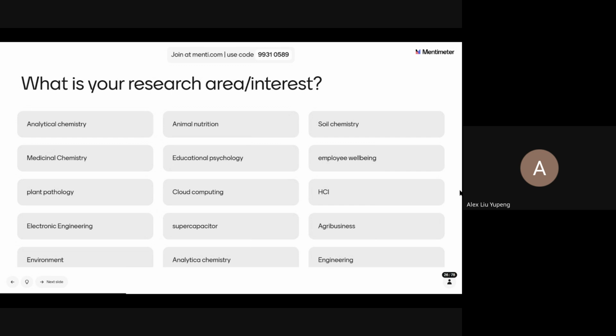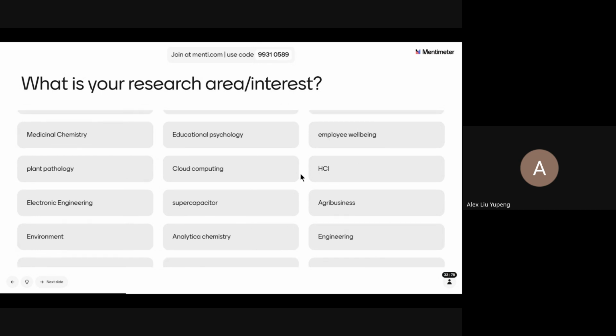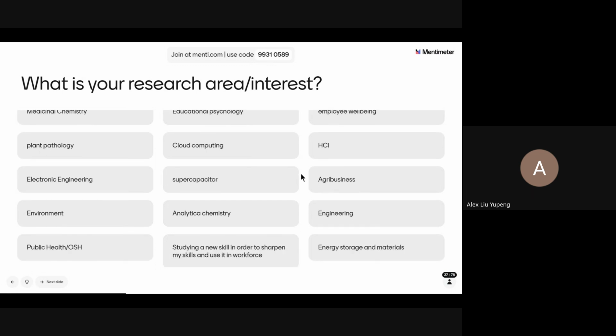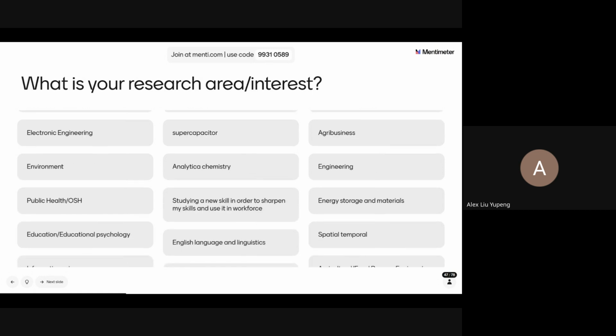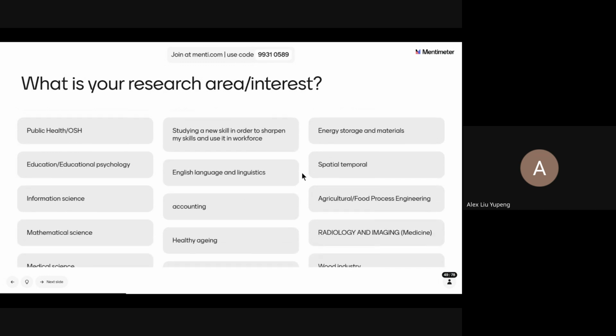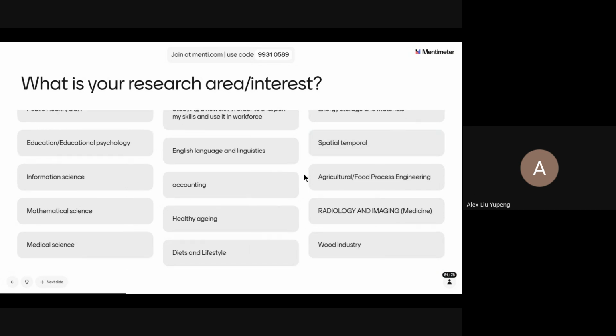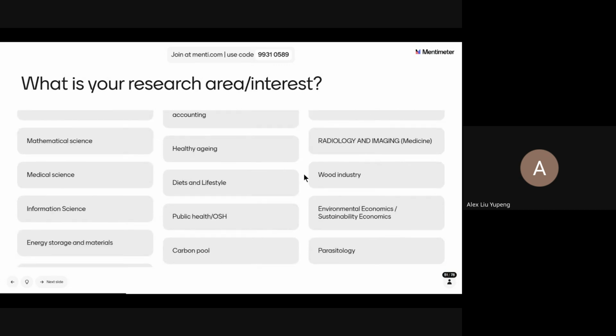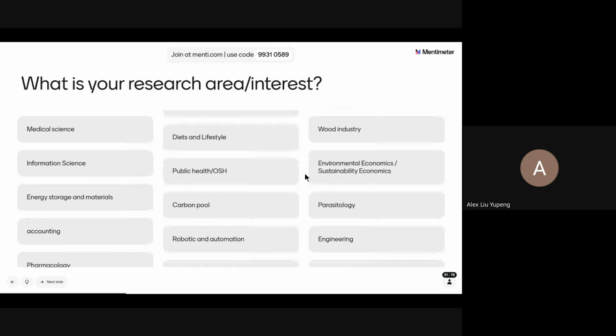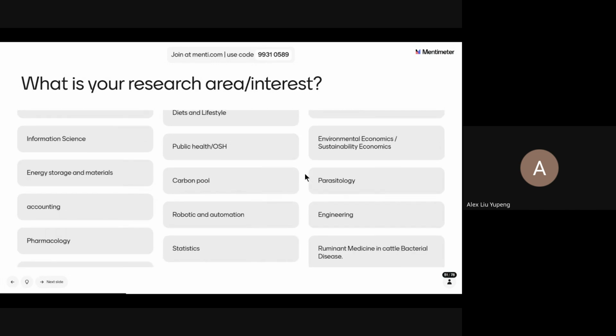Analytical chemistry, animal nutrition, soil chemistry. There's quite a educational psychology, employee well-being, plant pathology, cloud computing, HCI, human-computer interaction, EE, supercapacitor, again, EE, agriculture business, environmental science, chemistry, engineering, public health, education, linguistics, agriculture, accounting, math science, wood industry, carbon pool.